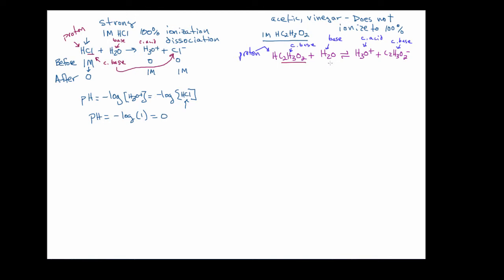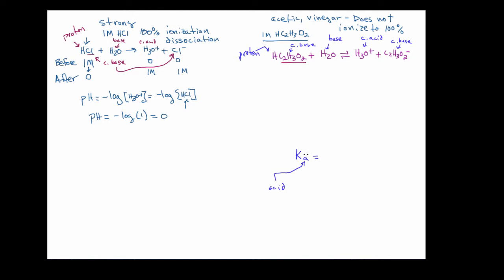Acetic acid in water is an equilibrium reaction. It's not going to ionize to 100%. It's going to donate this proton to a much smaller extent. And like with all equilibrium reactions, we have an equilibrium constant, which I'm going to define as capital K, and then A. The subscript A simply means that this is the equilibrium constant of an acid reaction.